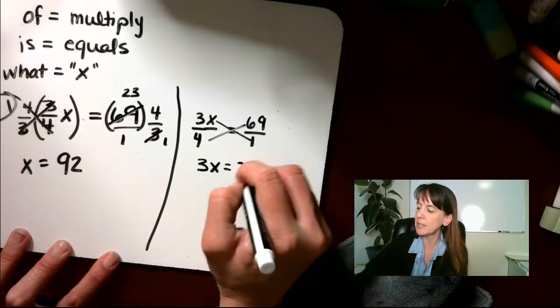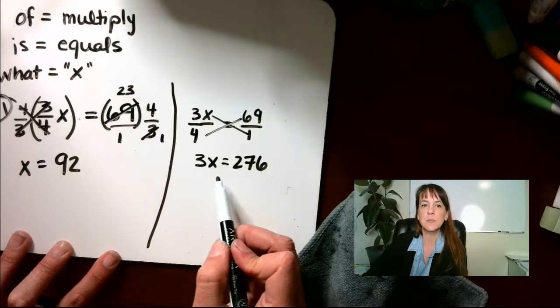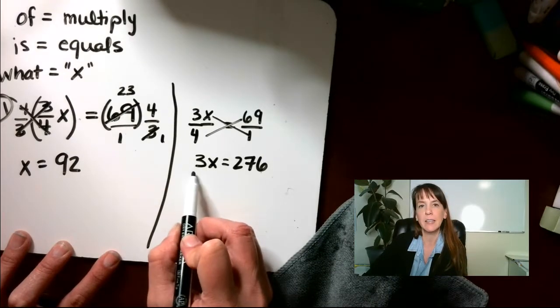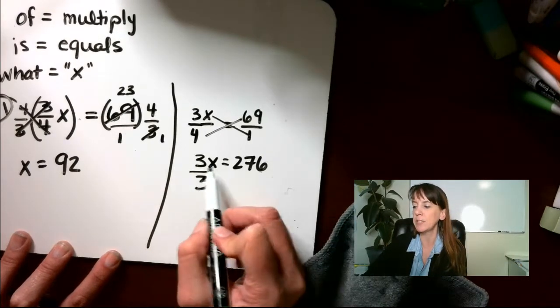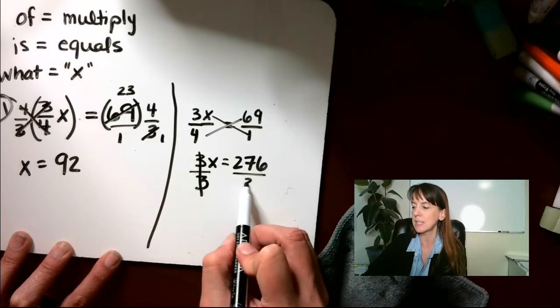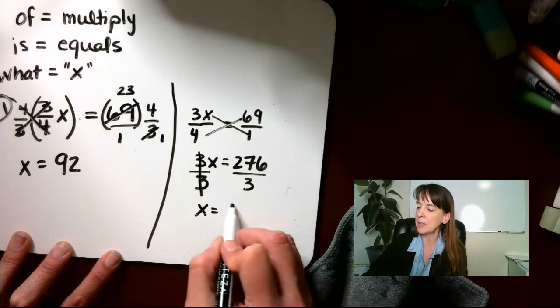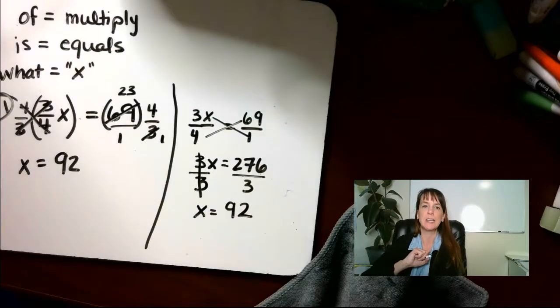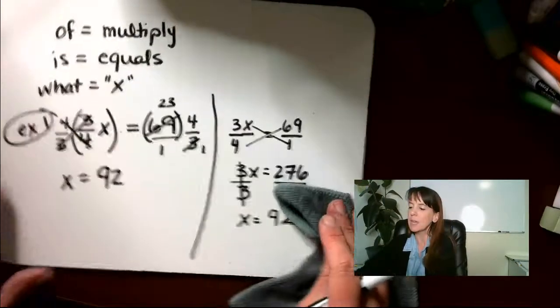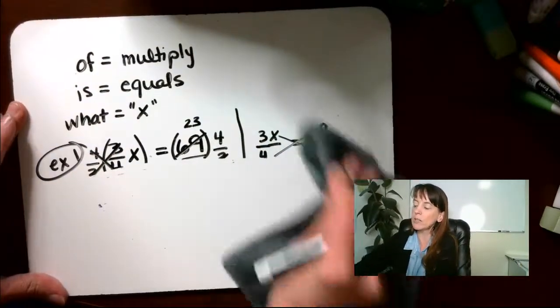That gives me 276. To get that X by itself, we're currently multiplying. The inverse is to divide. When we do that, these cancel out, but what I do to one side, I've got to do to the other. X equals 92. So there's two different ways of doing that: multiply by the reciprocal or cross multiplication.